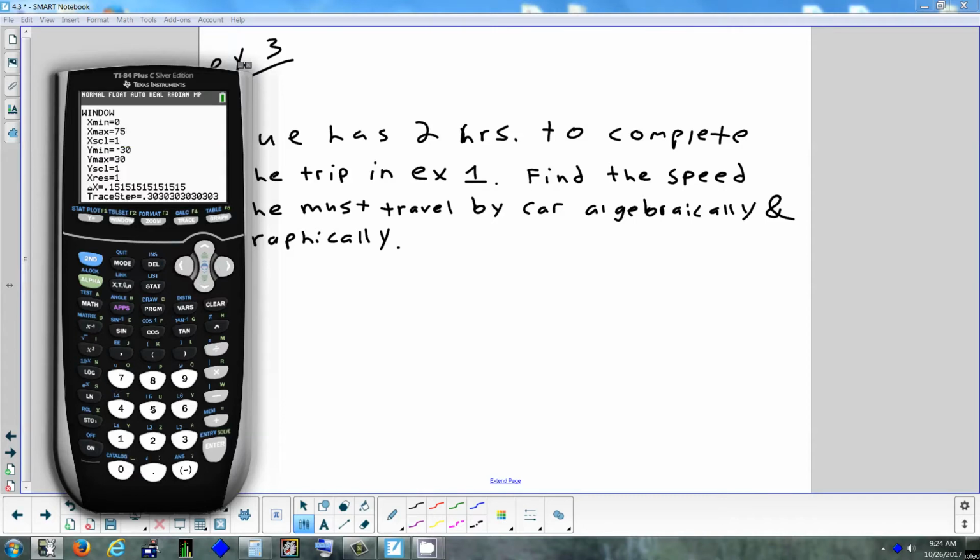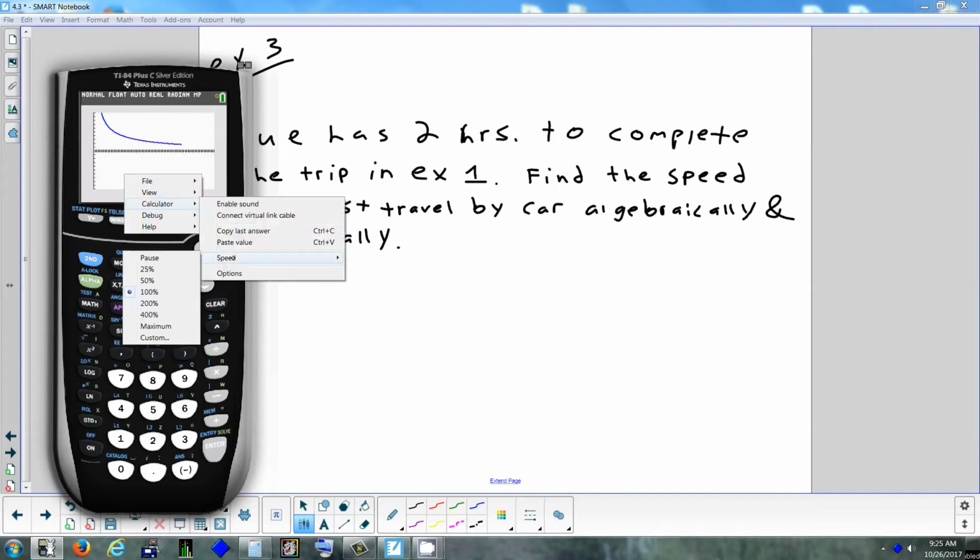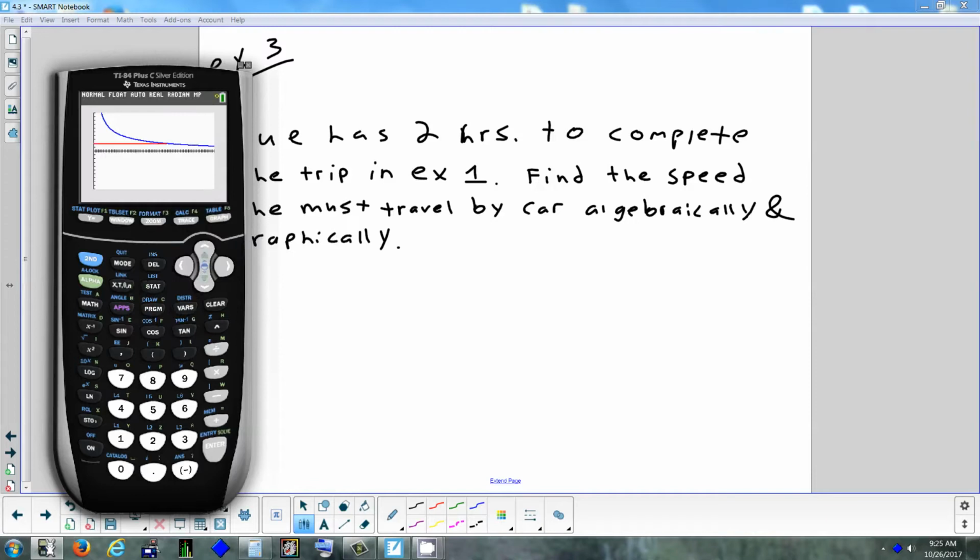Let's set her speed up to 75, and let's do -10 to 10. I think that'll show the intersection a lot better. If she takes exactly 2 hours, well, this problem technically says she has up to 2 hours to complete her trip. Second calc, intersect. So how fast does she have to go to complete her trip in 2 hours or less?